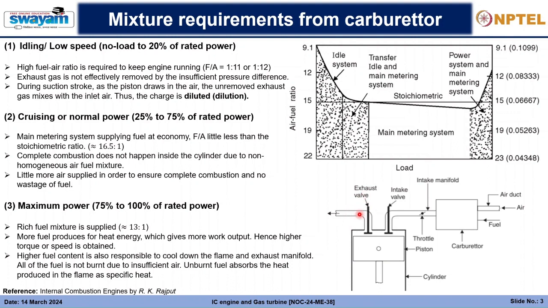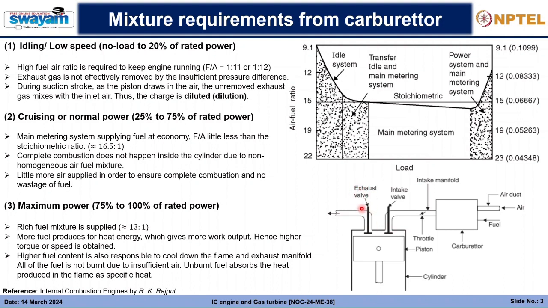Accordingly, the temperature of the exhaust valve will be quite high. And because we do not want the exhaust valve to melt down, we need to reduce its temperature. In order to do that, extra fuel is supplied such that the fuel does not burn, and the fuel leaves in the liquid state and gets in touch with the exhaust valve.